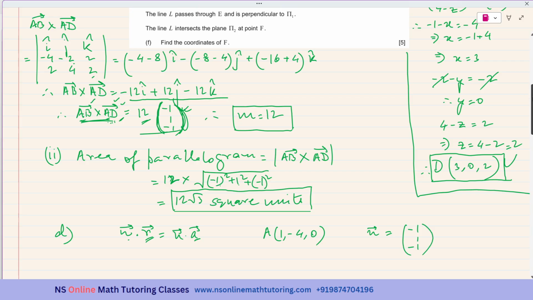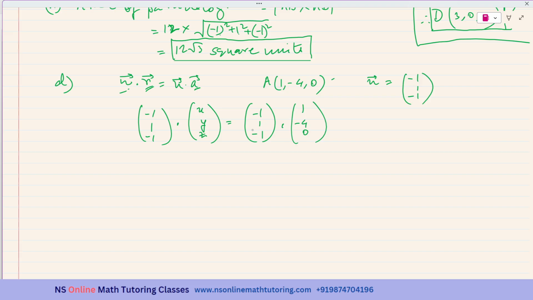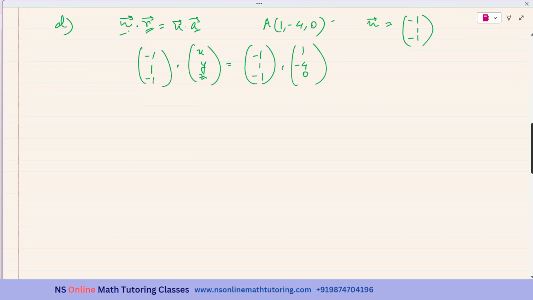Clear? So therefore, now we have to get n dot a. I'm writing minus 1, 1 and minus 1 in place of n, dot r, which is x, y, z, is equal to minus 1, 1, minus 1 dot the position vector of this point A, which is 1, minus 4 and 0. You can take any of the 4 points. You will get the same equation because it is the same plane.